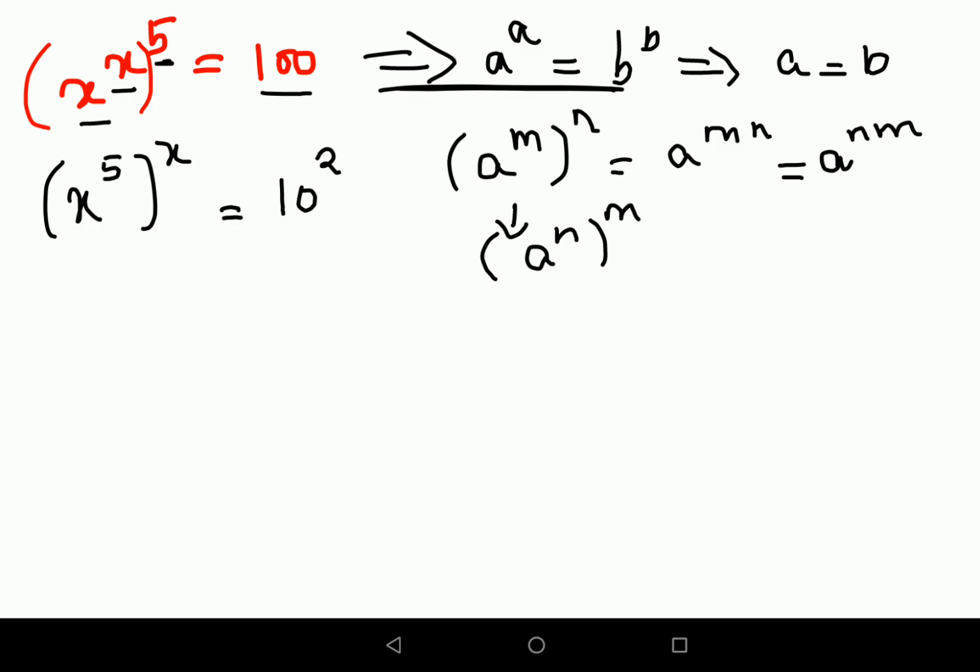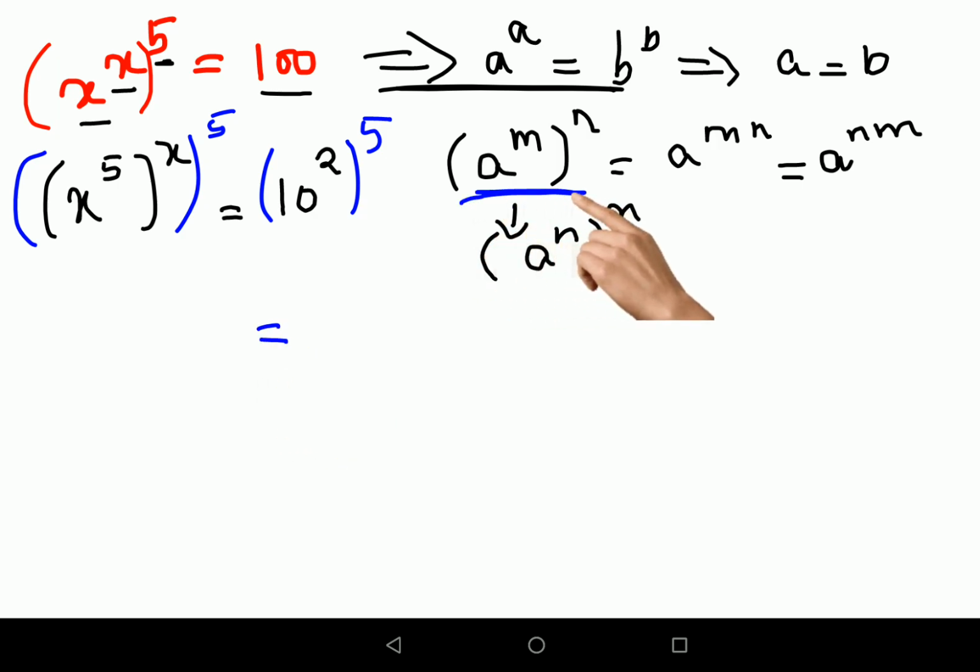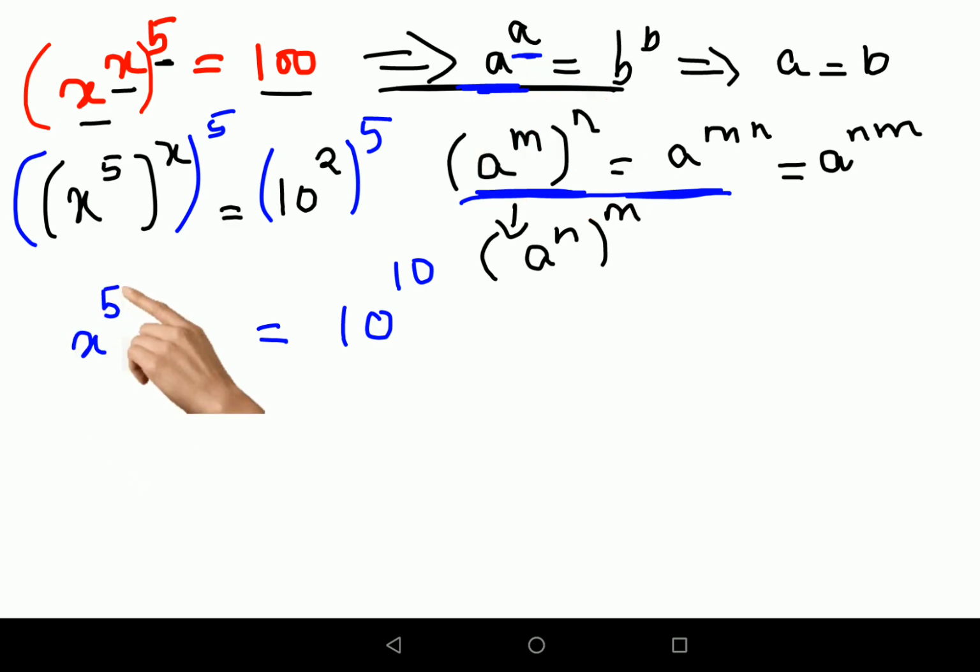Now if I take the fifth power on both the sides, in your RHS we will use the property that a raised to m the whole raised to n is equal to a raised to m into n. So this will now become 10 raised to 10. And this looks in the form where the base and the index are the same thing. So here this becomes x raised to 5, the whole x raised to 5.